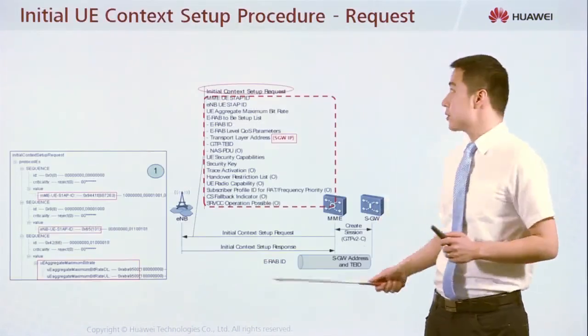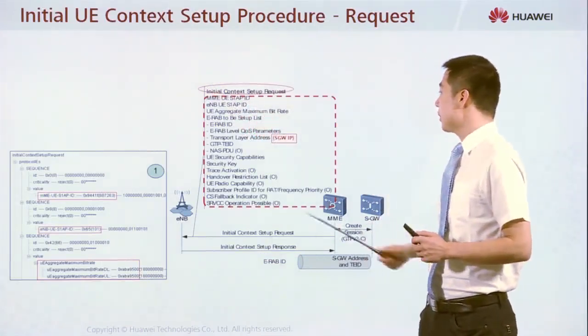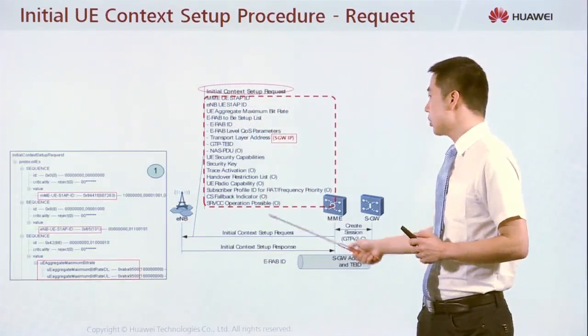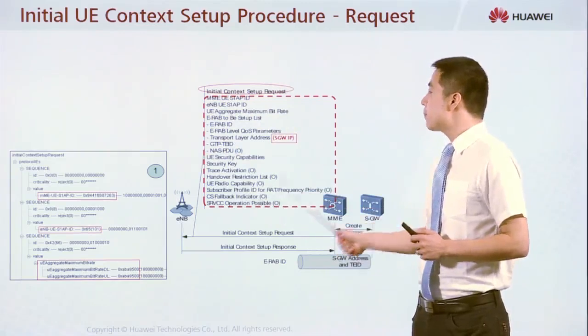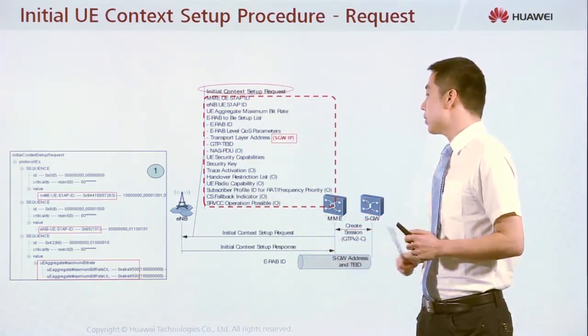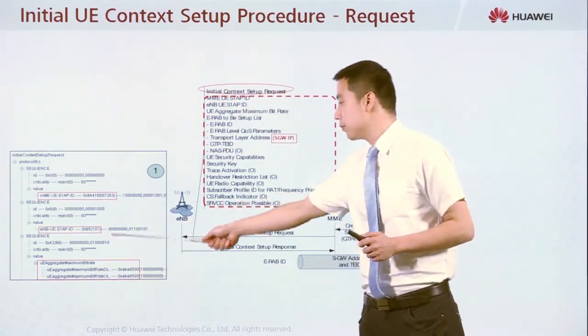Let's see the details of the initial UE context setup procedure. This is the request message. These are the key parameters in the initial context setup request, including this information.